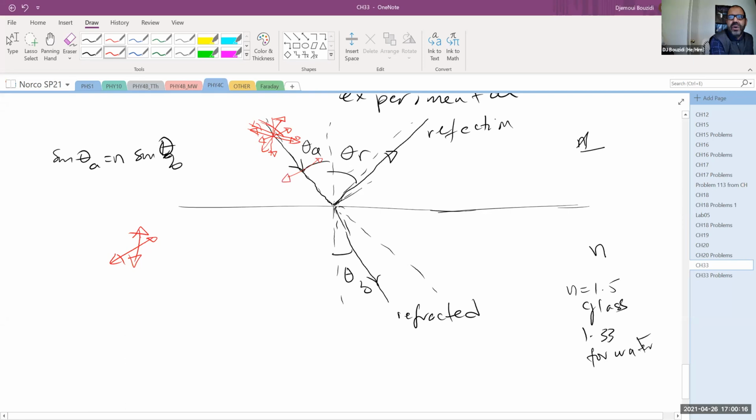Light can be here, or it can have a component that is going into the screen. The component going into the screen is parallel to the surface separating the two media, and that is going to be the main one emerging. Occasionally, depending on this angle theta A, I will have the other component, but overall I should have mainly this direction.